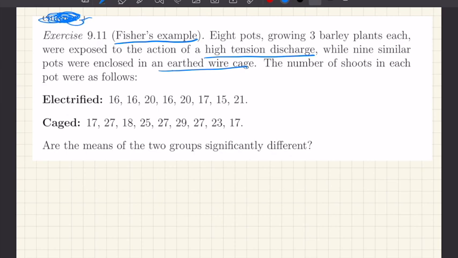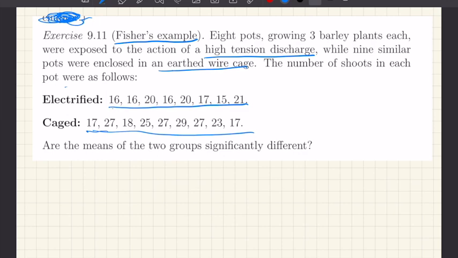The number of shoots in each pot were as follows: the electrified group had this many shoots in each pot, and the earthed wire cage group had this many shoots in each pot.